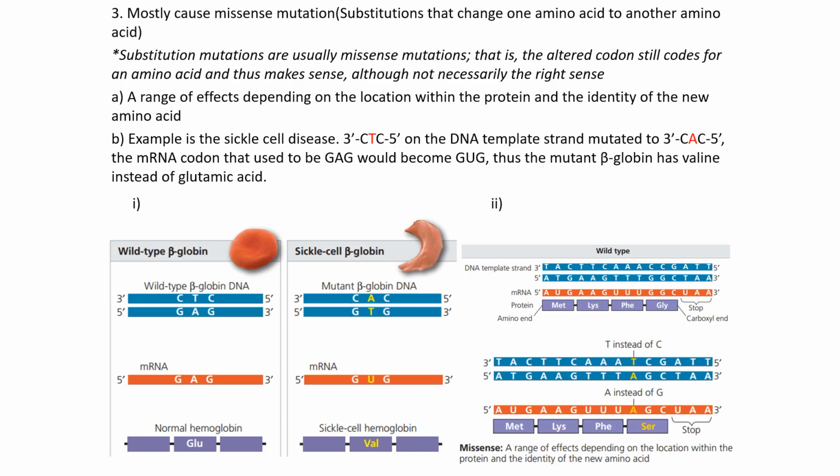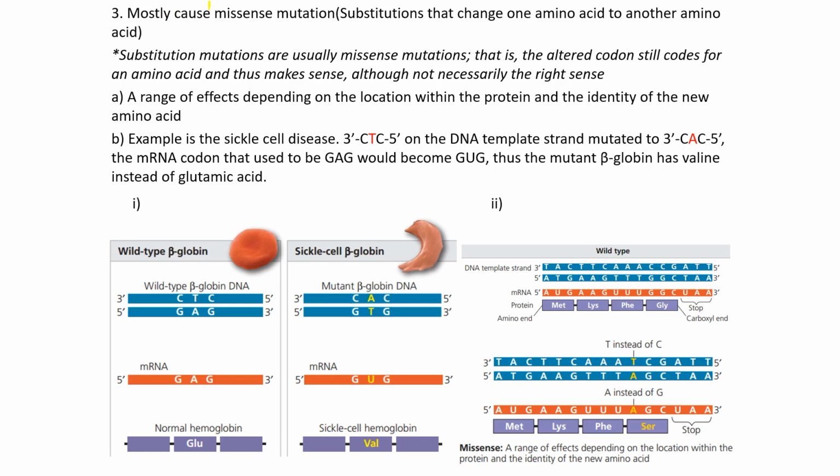So substitution mutations are usually missense mutations, that is, the altered codon still codes for an amino acid and thus makes sense, although not necessarily the right sense, meaning the amino acid being coded is not the proper amino acid. It became an unwanted amino acid.